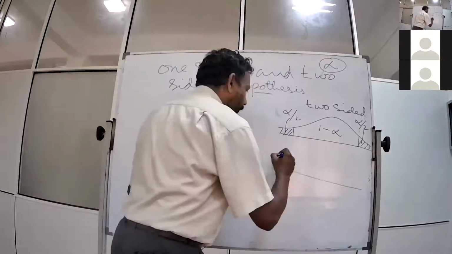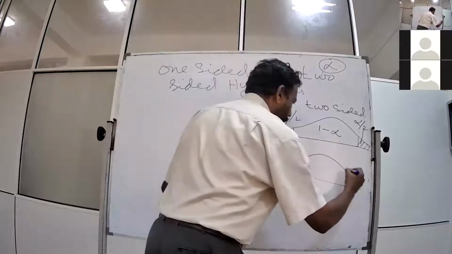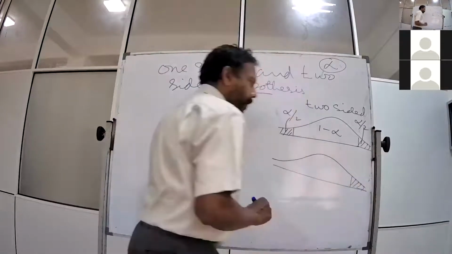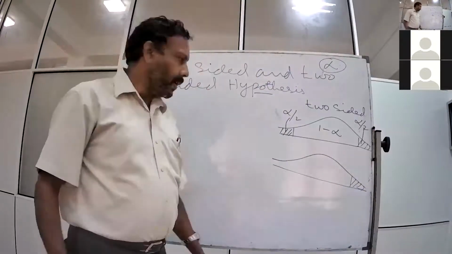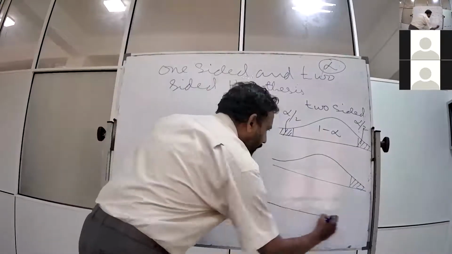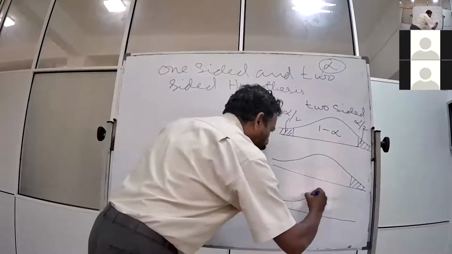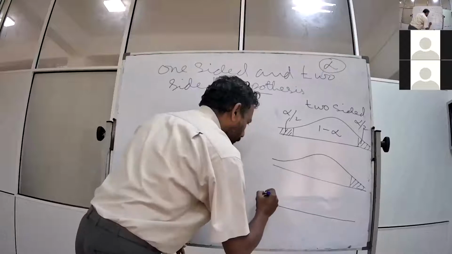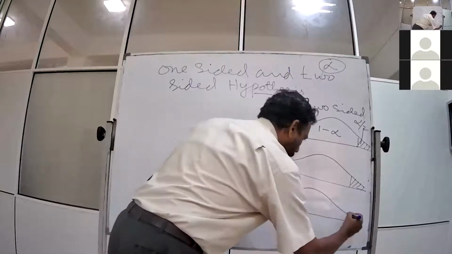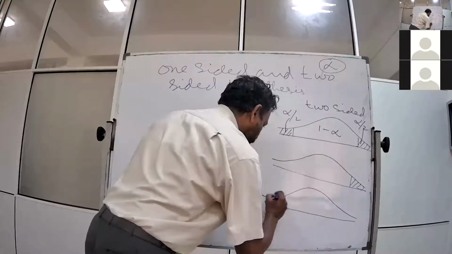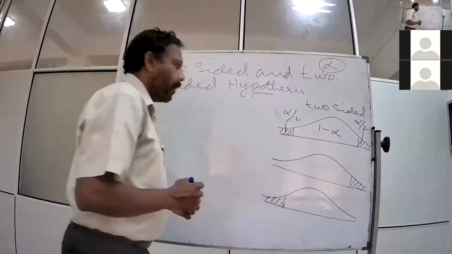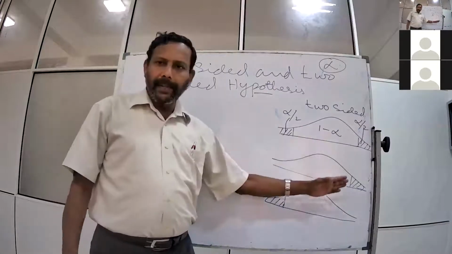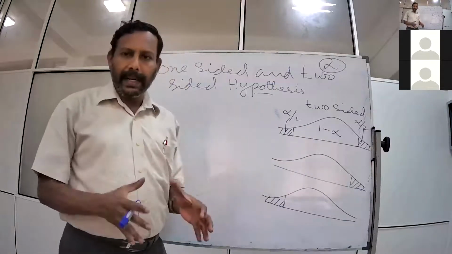The other is the one-sided situation. In the one-sided situation, we can have two ways. Look, it is one side. The whole alpha is concentrated on one side.